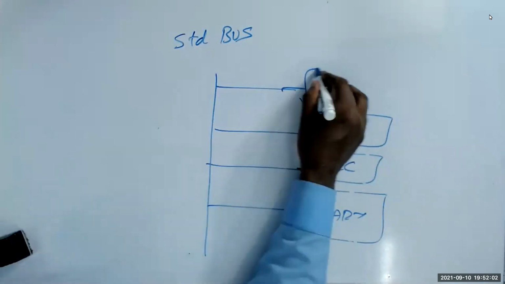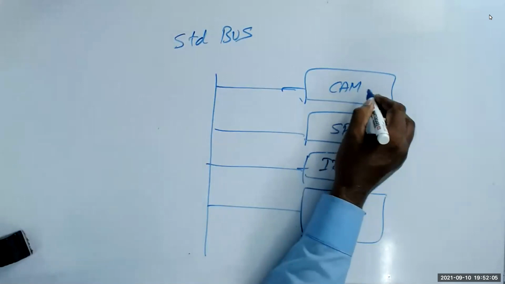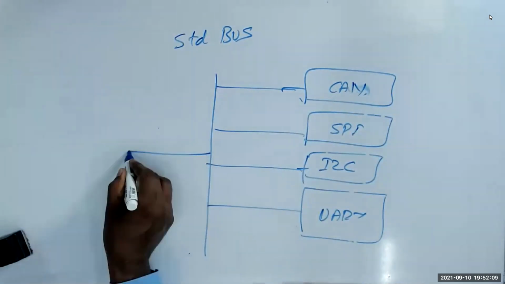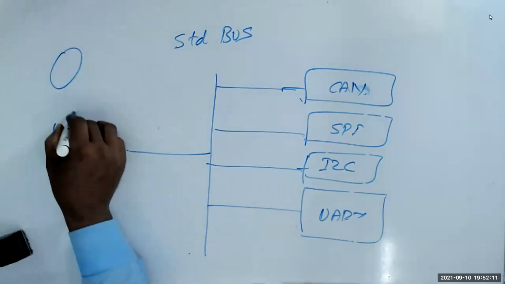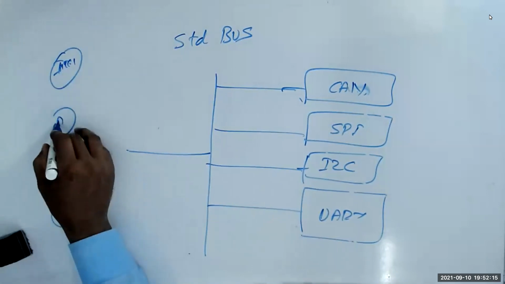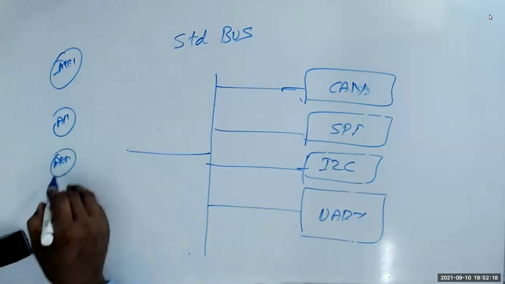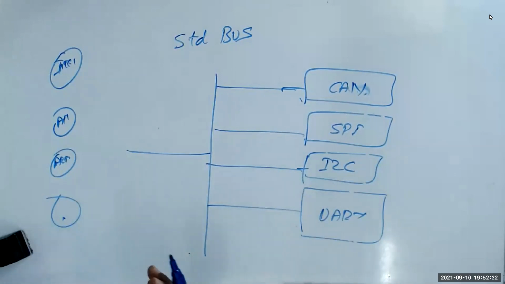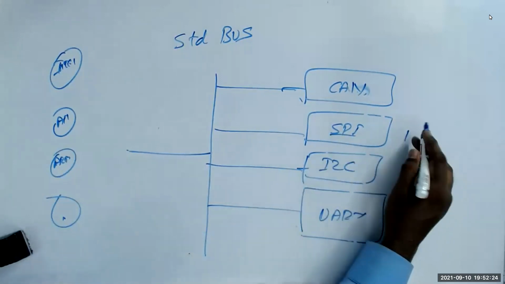I make a chip with CAN. Now this side, you can have n number of controllers. I don't mind whether you have an Intel, Atmel, ARM.